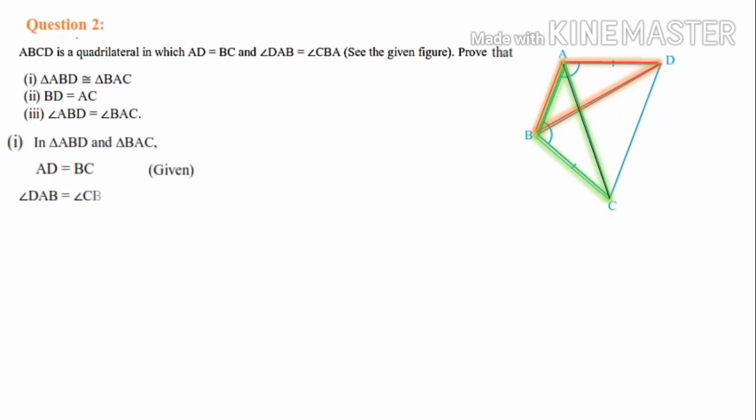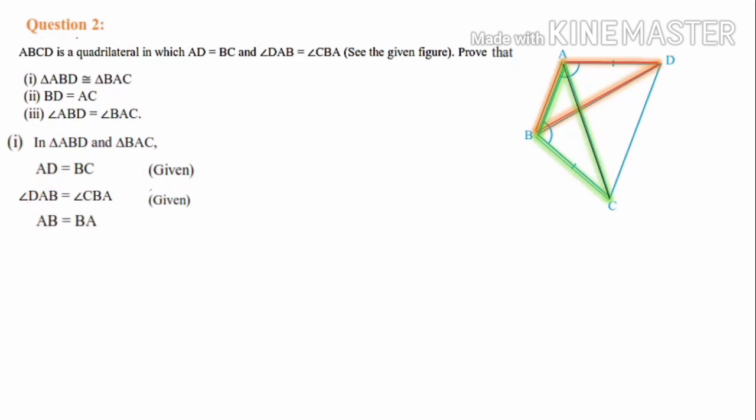And next one is angle DAB and angle CBA are equal, that is also given here. In the red triangle, it is marked DAB. And another one is angle CBA, that is the angle in the green triangle. So they are equal, that is also given. And here now one side and one angle is equal.